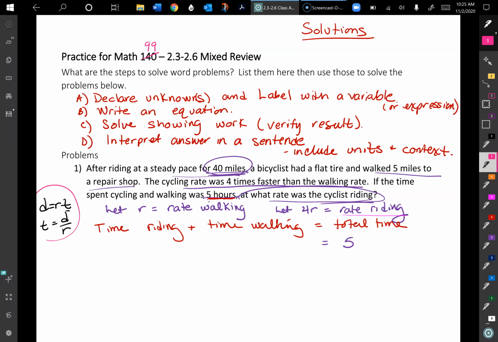We know distance equals rate times time. And we can manipulate that to put everything in terms of time because that's how our phrases are set up. So time equals distance over rate.